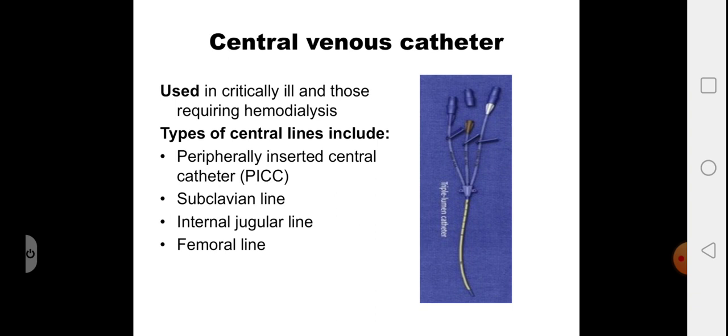Looking into the types of central lines, they include the peripherally inserted central catheter, which is inserted via the veins in the antecubital fossa, like cephalic and basilic veins, and then we have a subclavian line inserted through the subclavian vein, internal jugular line inserted through the internal jugular vein, and femoral line inserted through the femoral vein in the leg.